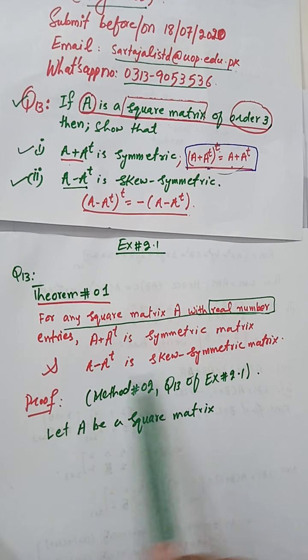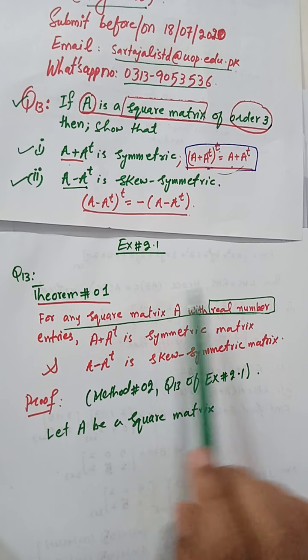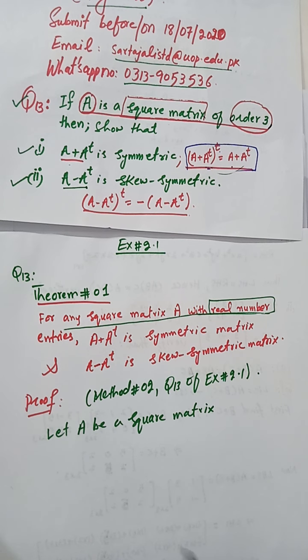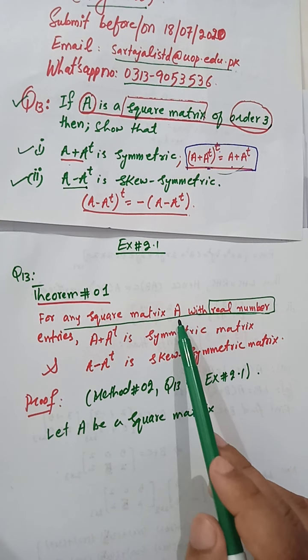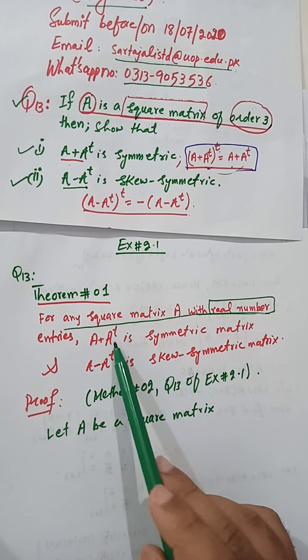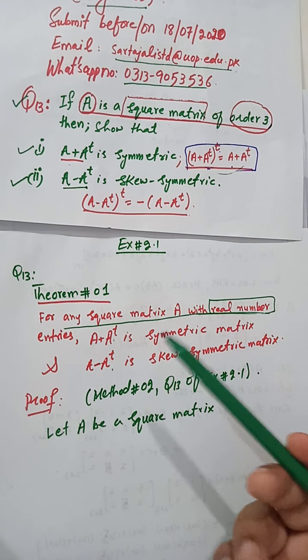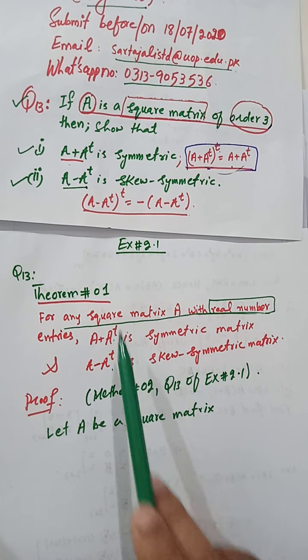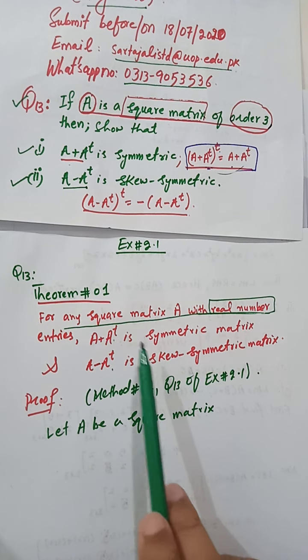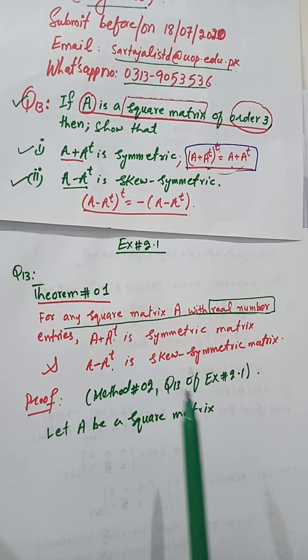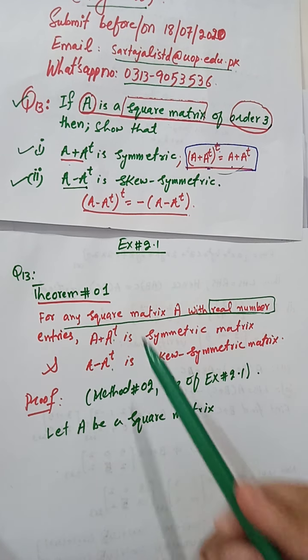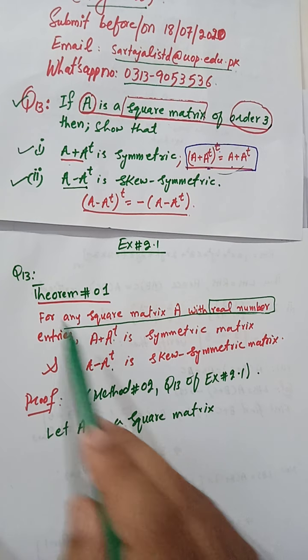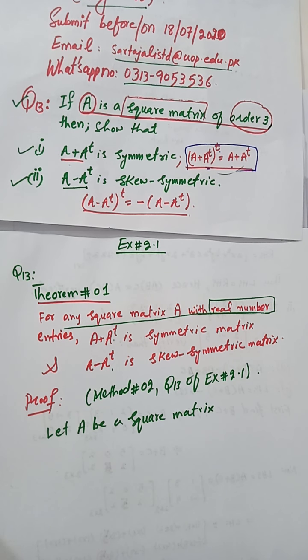This is the more general and beautiful statement. If I prove these two results for every square matrix, then it is obviously true for order 3. A general statement can be titled as a theorem, so I titled this statement theorem number 1.